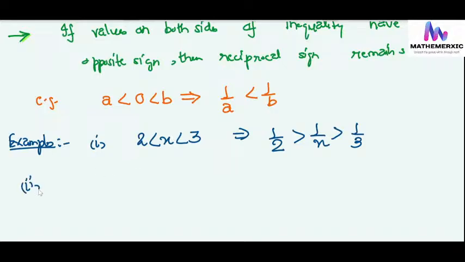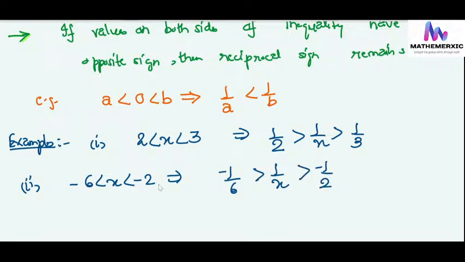Second example, if I keep it, it is minus x. So again the same thing will happen. Minus 1 by x, 1 by x, 1 by 2, directly. The third example is important to us, that is minus 3, so x is greater than minus 3 and less than 4.